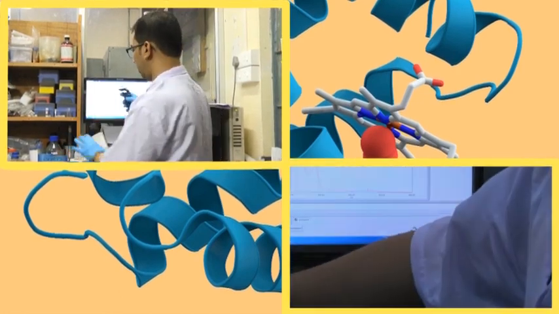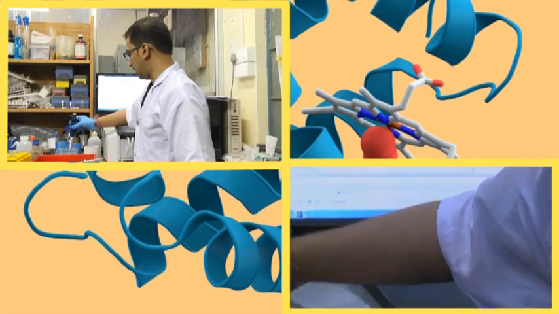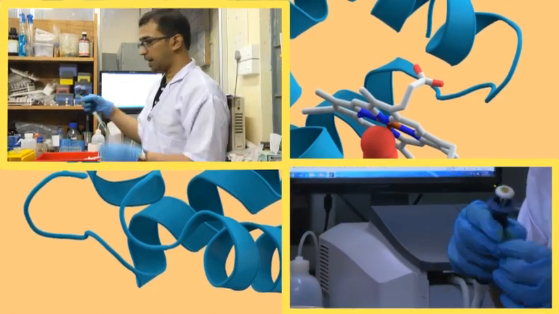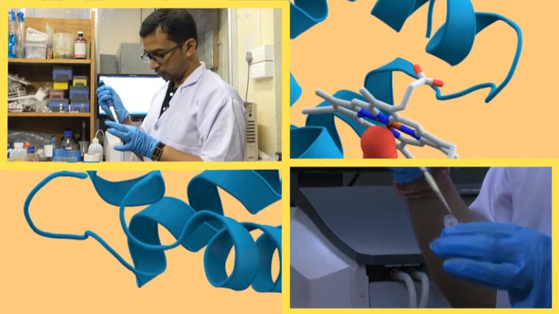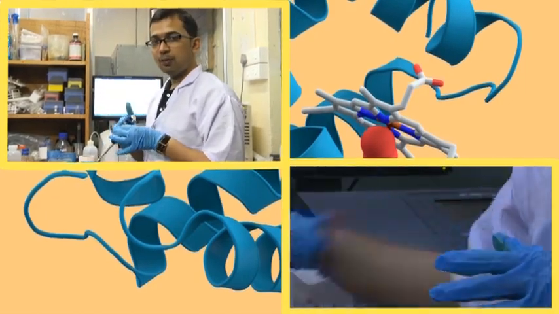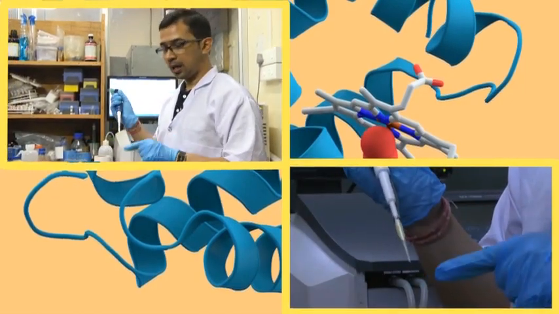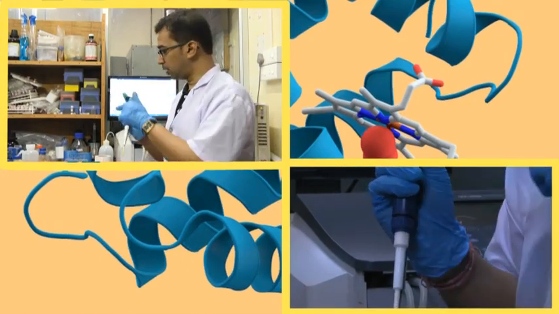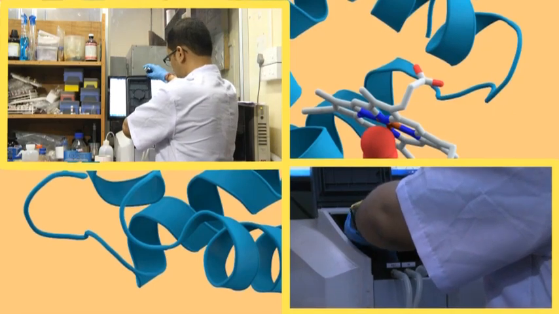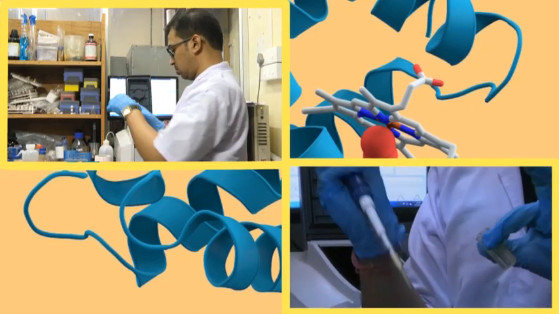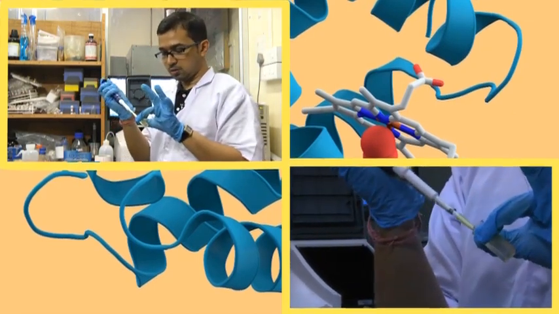Now, I will again add HFA to it. This one is for 5. Now, I will again add another 5 microliter of HFA. Each and every time please make sure to take a fresh tip and dip it into the HFA solution. Okay. Now, I will take this out and I will mix it.